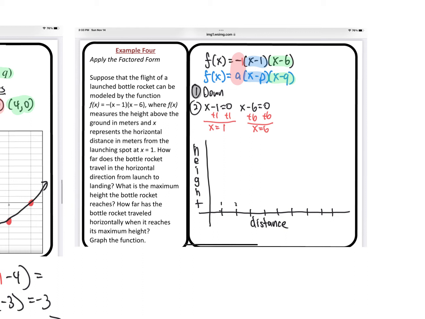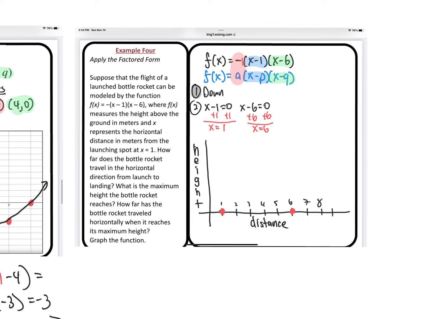So this is 1, 2, 3, 4, 5, 6, 7, 8, etc. And so we know that the bottle rocket, we're at 1, and we are at 6 right here for our x-intercepts. And so from here, we can kind of visualize that the bottle rocket was launched here and probably is going to go something like this. But we need more information.